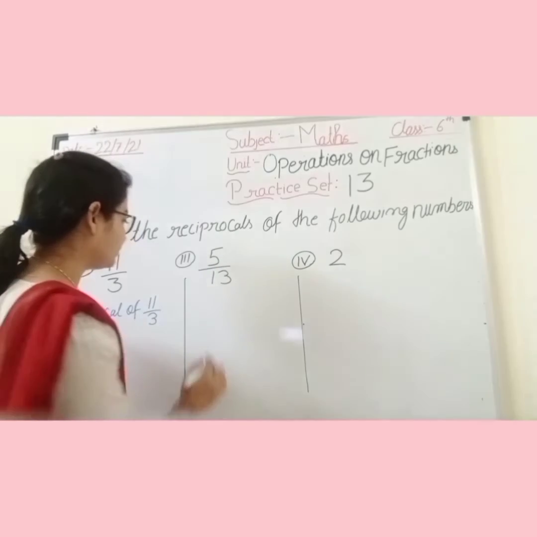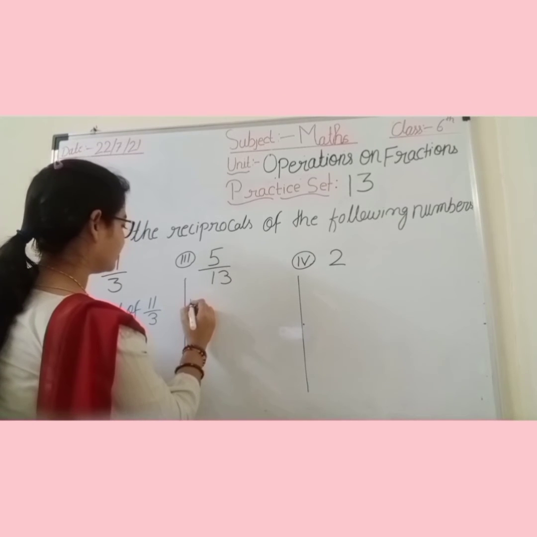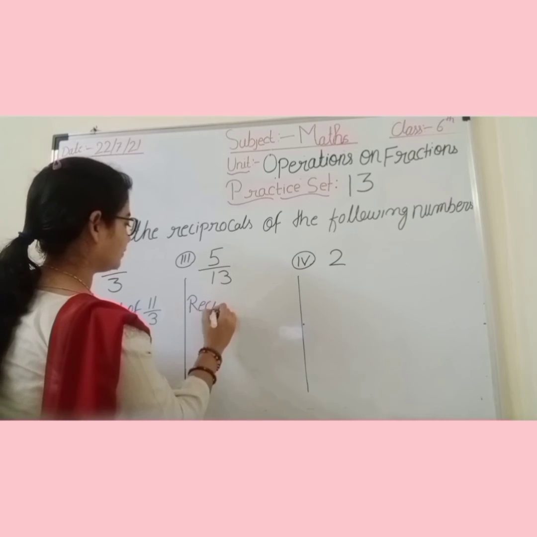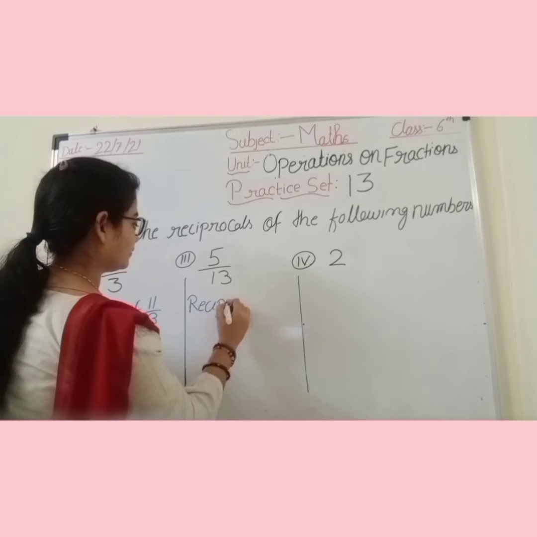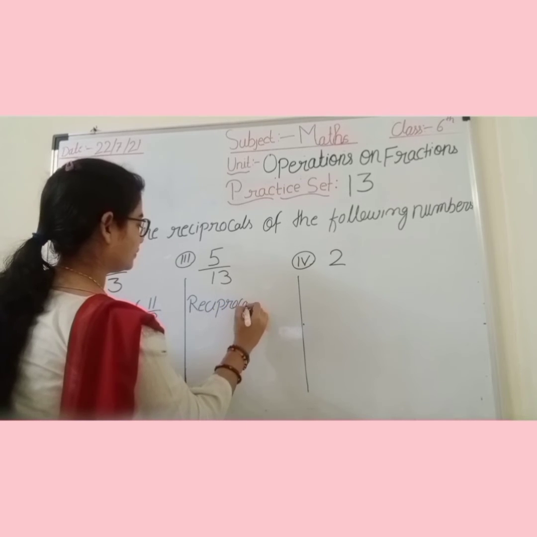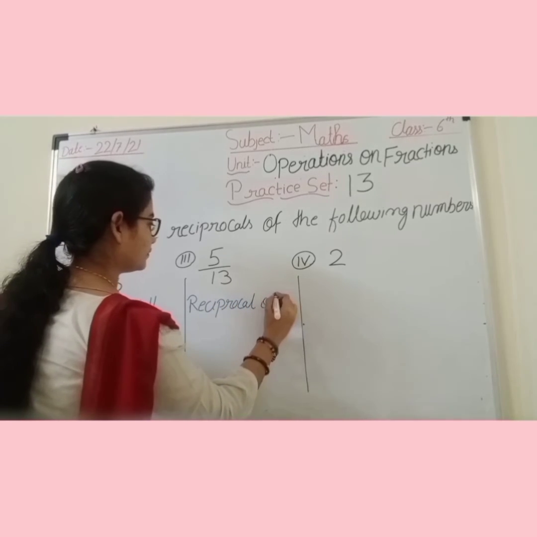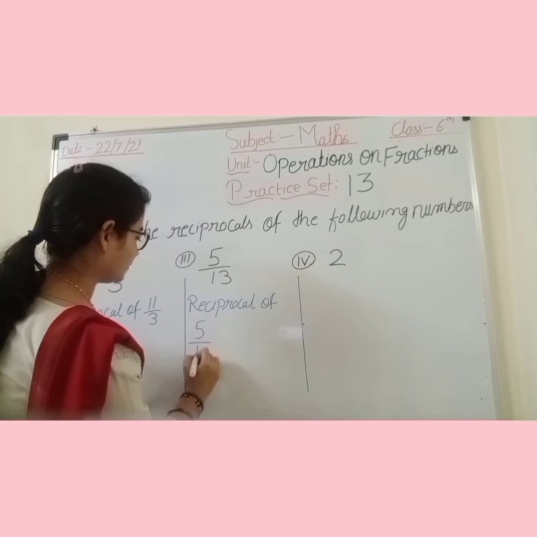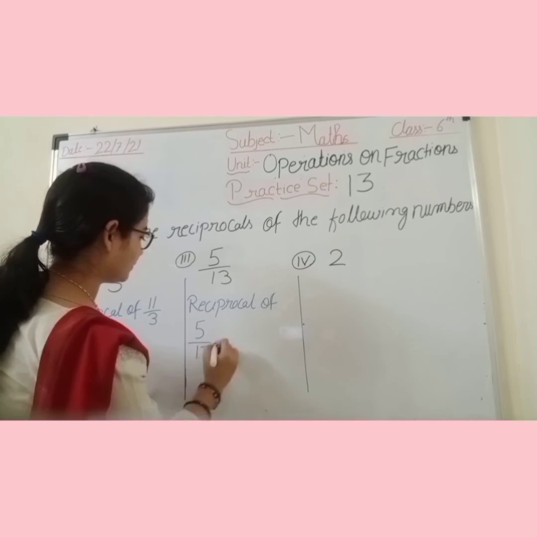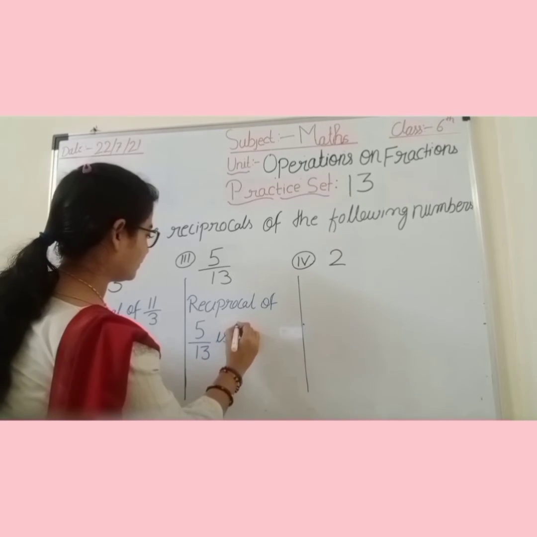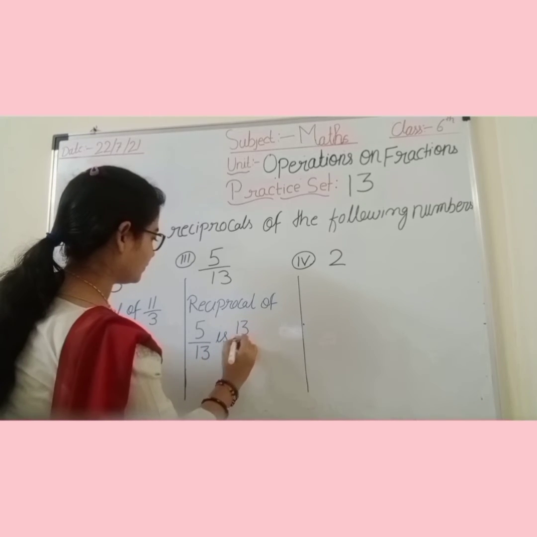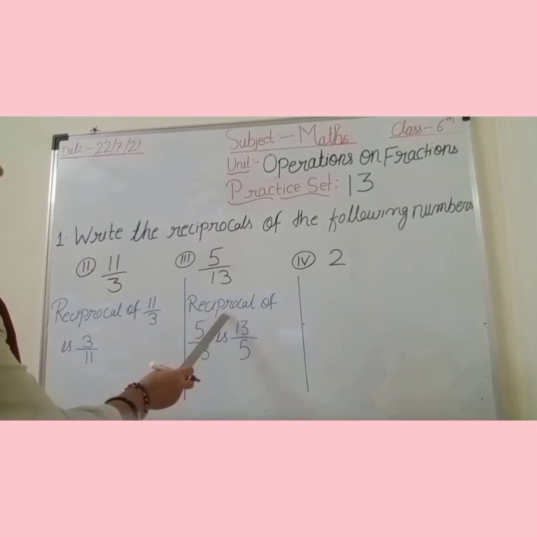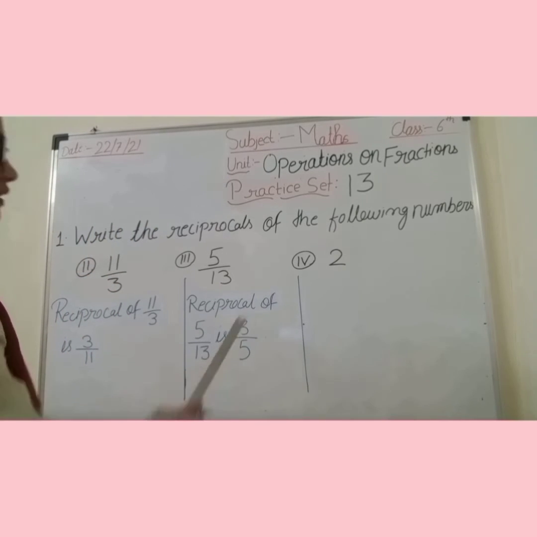So reciprocal of 5 upon 13 is 13 upon 5.